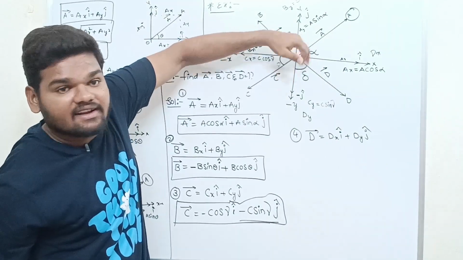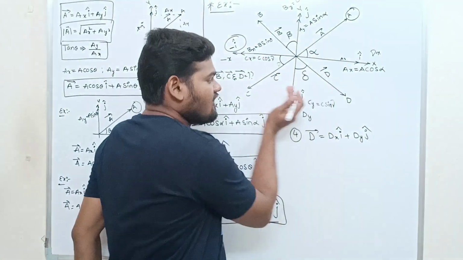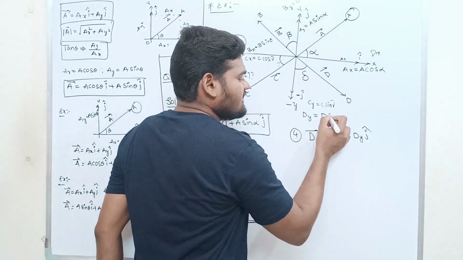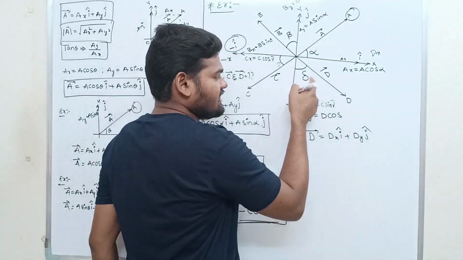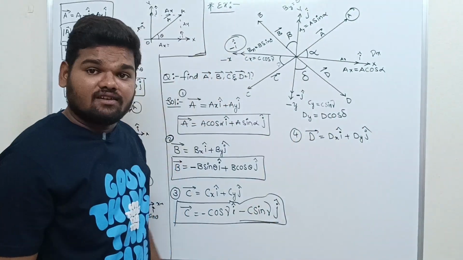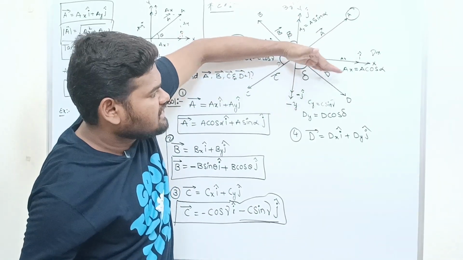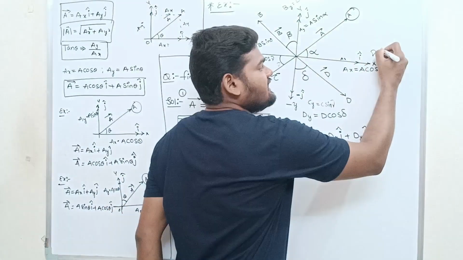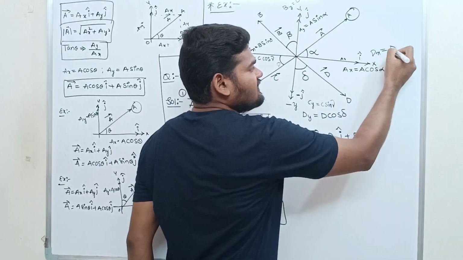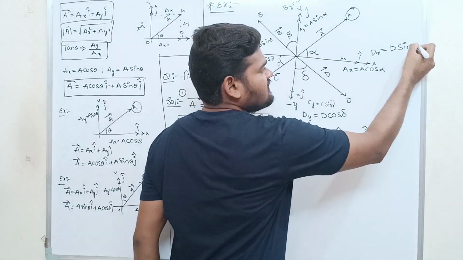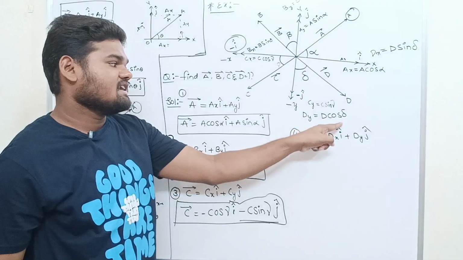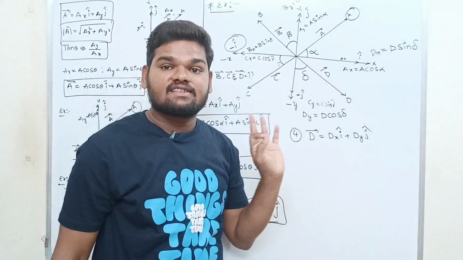Along the theta side you will get d cos theta. At the place of theta we have delta. Perpendicular to this is the x-axis, and dx is equal to d sin delta. Along the theta side d cos delta, and perpendicular to this d sin delta.